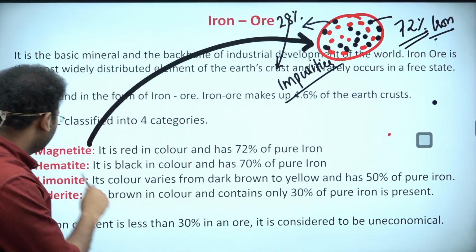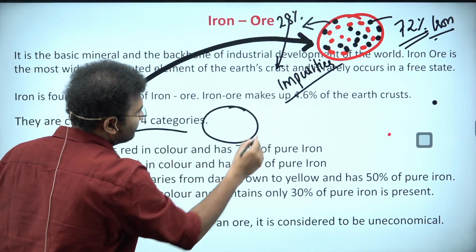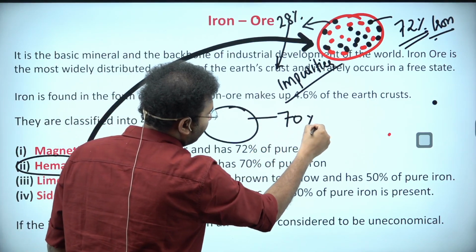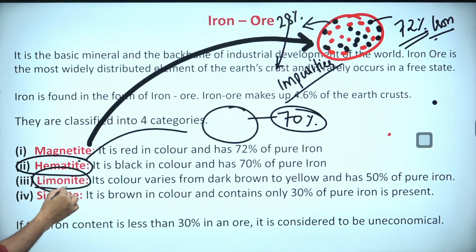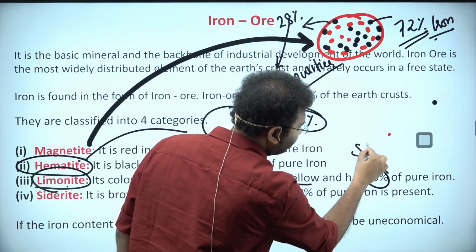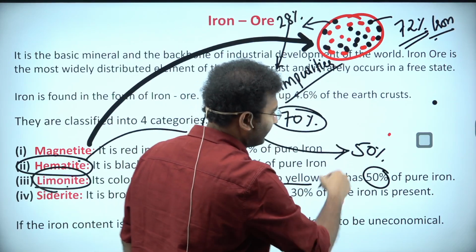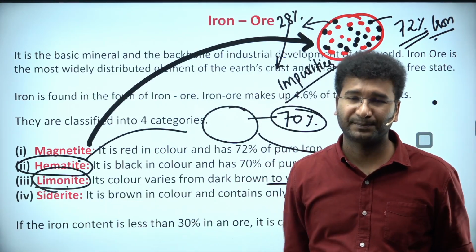When you take hematite, it is the same rock, and in this 70% of the iron can be seen. Likewise, you take limonite, the brown to yellow one, which has only 50% iron, right? And you go to siderite, it only has 30%.